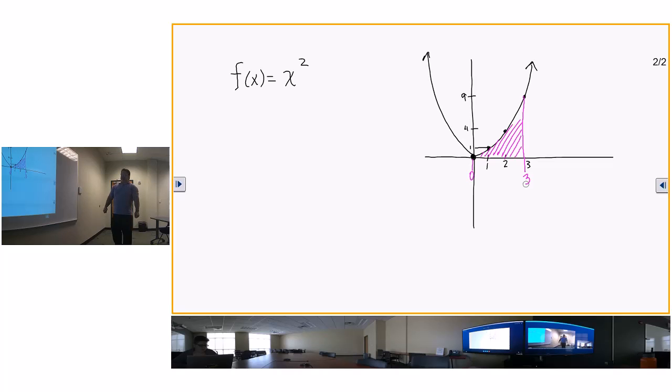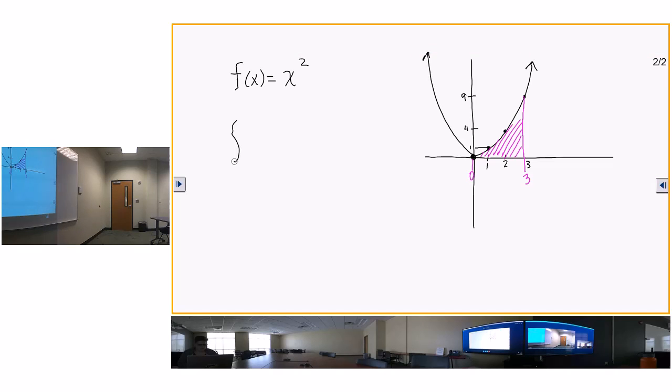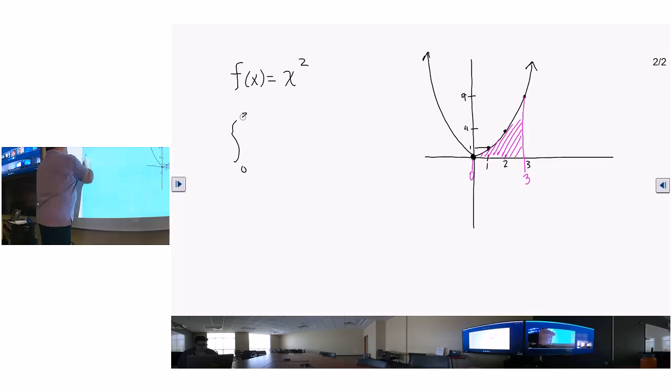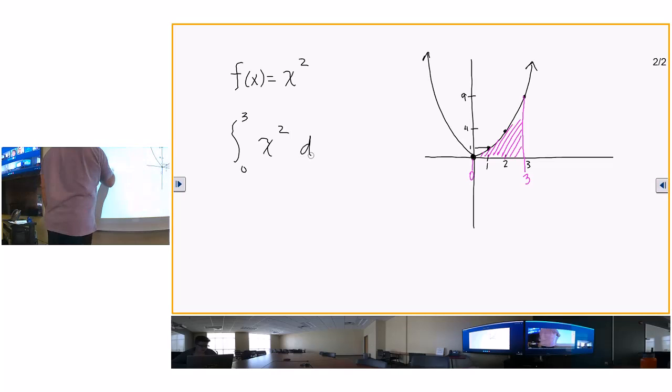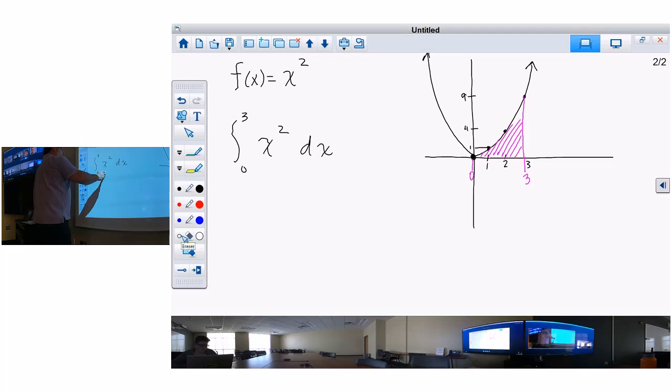Okay, I want to find the area under that line. So what I do is I set up my integration, or my antiderivative, from 0 to 3 of x squared dx. Now, the reason I have to add the dx is important.